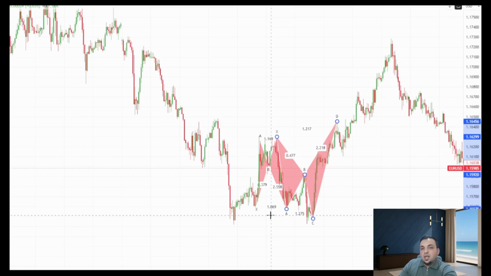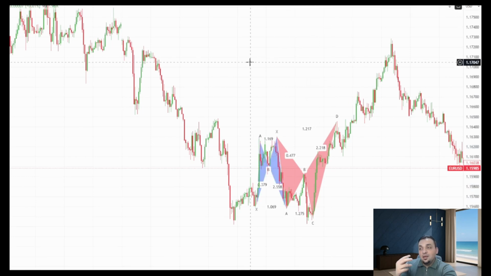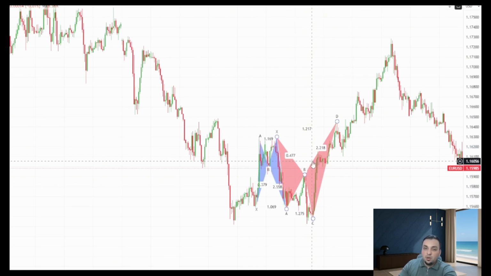So this M pattern gave us the ability to enter a bullish trade from the very minimum, and the W pattern, the bearish harmonic pattern, which is in red, made traders get into a short position and manipulated them. But if you know where to take the harmonic patterns, what kind of harmonic patterns you need to take at the minimum, what kind of harmonic patterns you need to take at the maximum, then you will not get manipulated by the market.